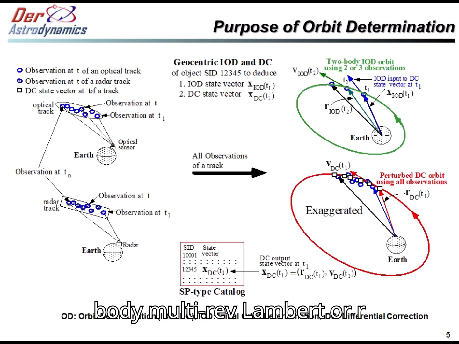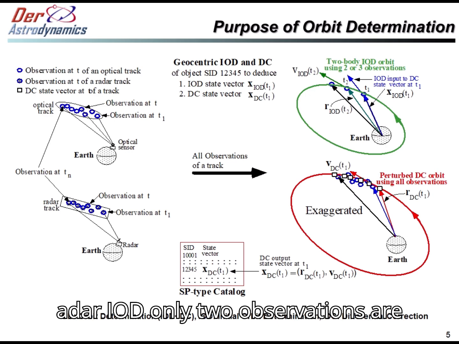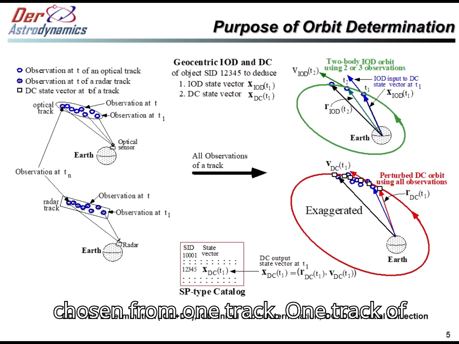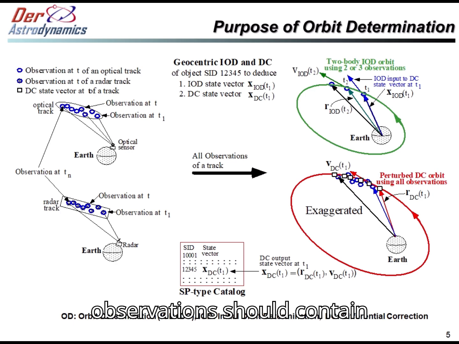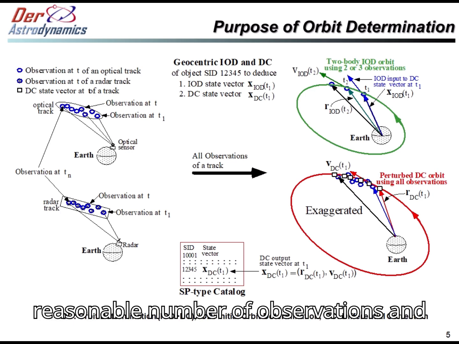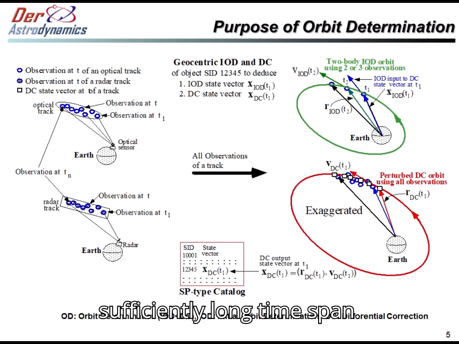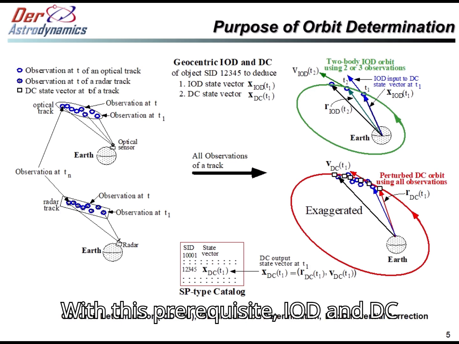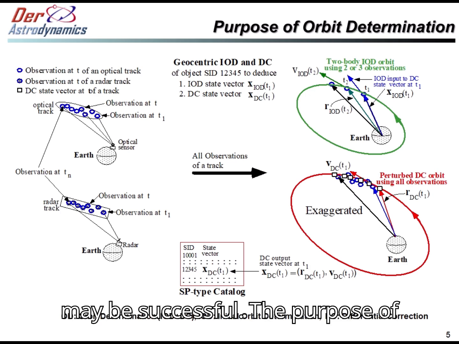For the two-body multi-web Lambert or radar IOD, only 2 observations are chosen from one track. One track of observations should contain a reasonable number of observations and a sufficiently long time span. With these prerequisites, IOD and DC may be successful.